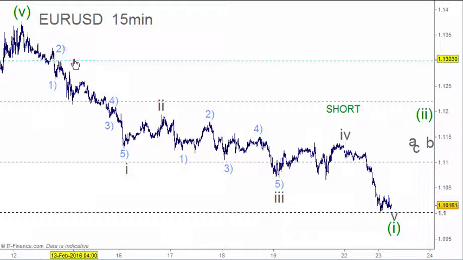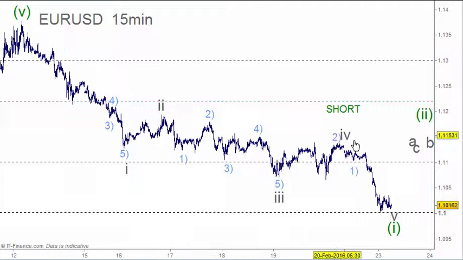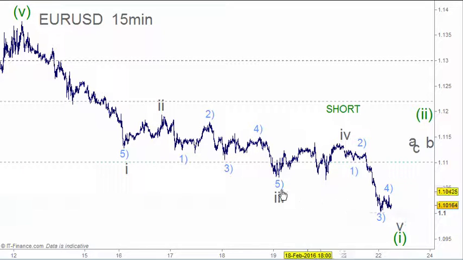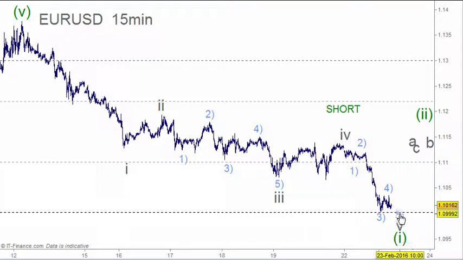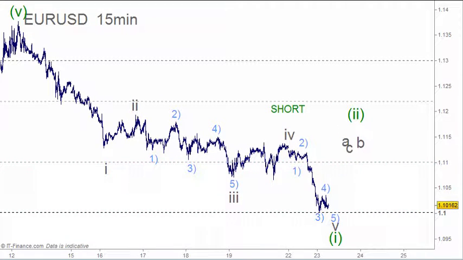Not that that matters too much. I need to look at that again. But having this count here as 1 and 2 and 3 here and 4 here and 5 here, and in this last little section, I might just borrow these in terms of 1 and 2 here and 3 here and 4 here, and we'll bring this down here somewhere. So basically finishing at this point here, and then making a move back up from here.